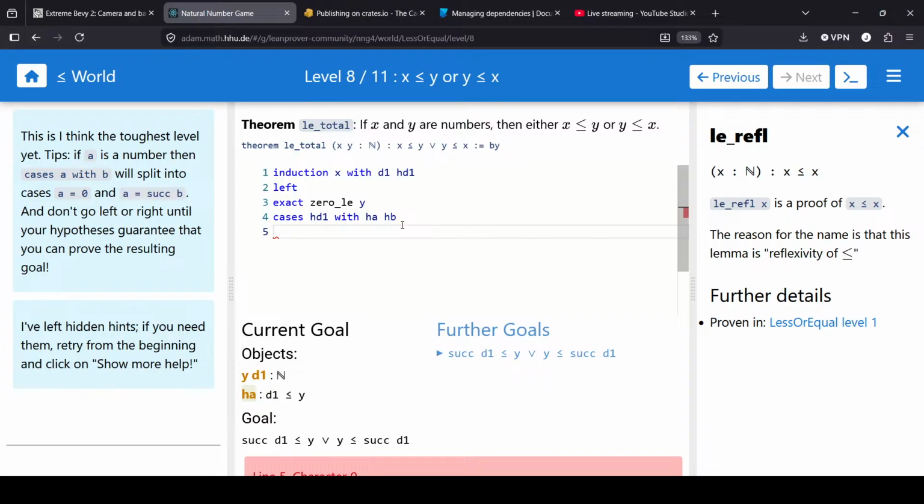Huh. You have to do more work before choosing left or right. Oh. Holy moly. What the hell is this puzzle?